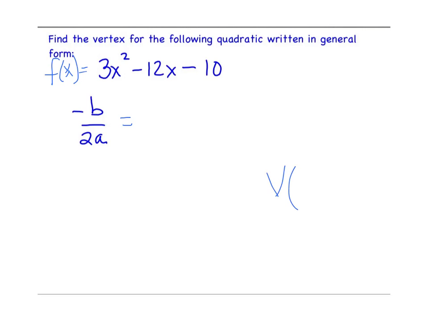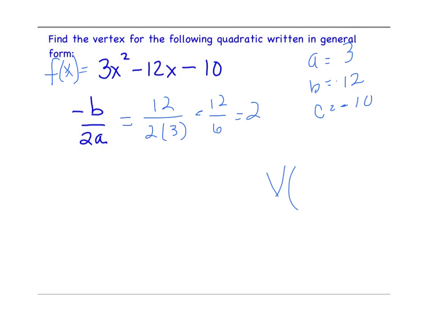So I have a is equal to 3, b is negative 12, and c is negative 10. And so negative b is 12 over 2 times a, which is this. So 12 over 6 is 2. So the x-coordinate of the vertex is 2.